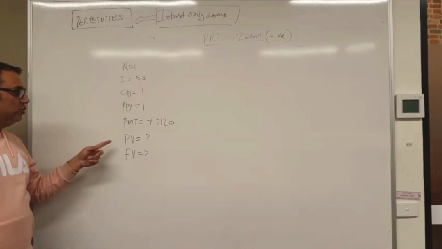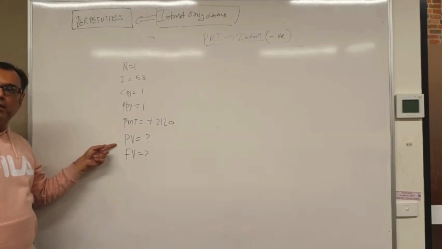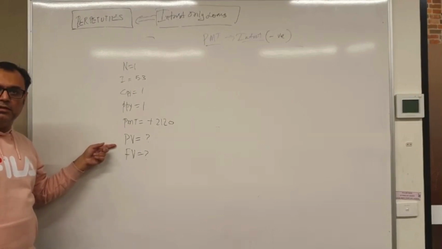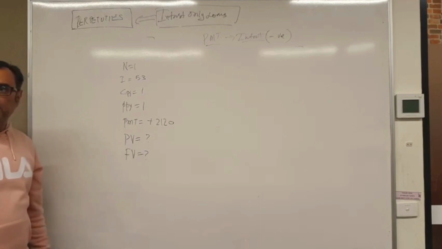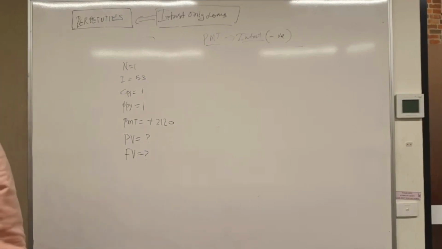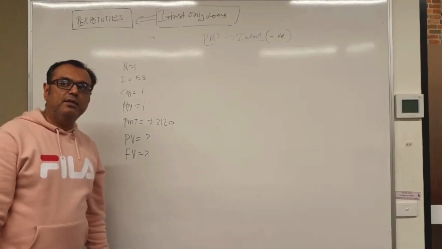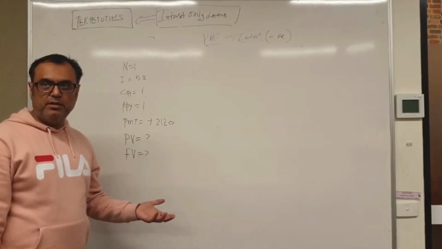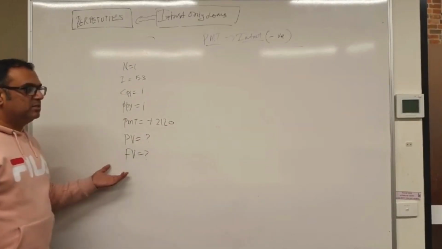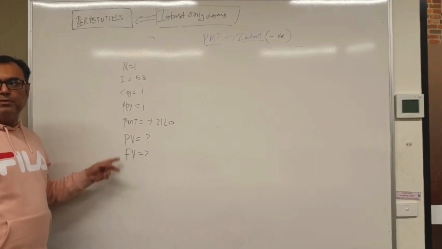After reading this through, you knew you have to find PV? Yes? But where is FV? It's not given. So use the formula. Financial solver is not a magic wand that you can find answers to every question. At times, you could fall prey to all of these, right?